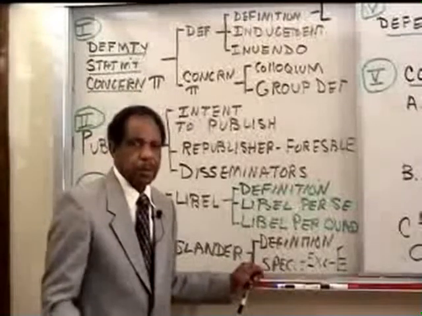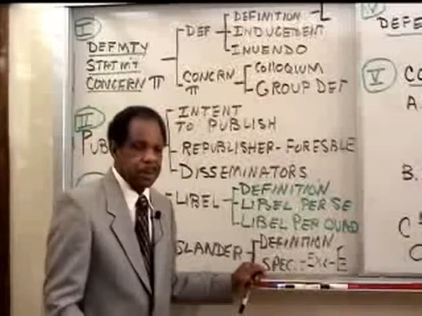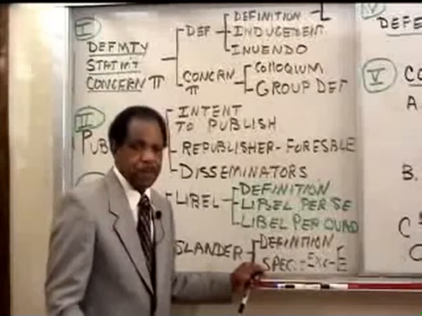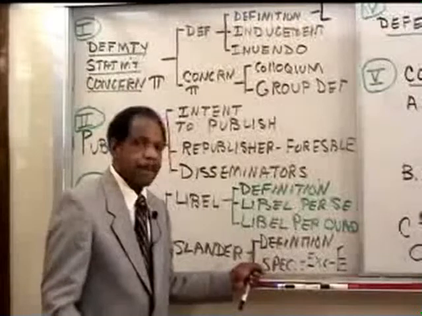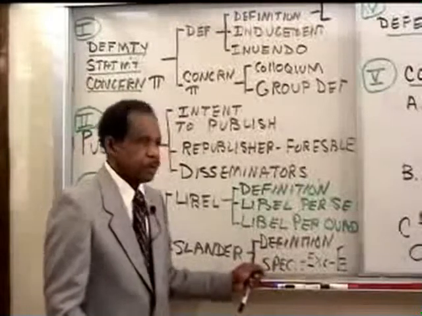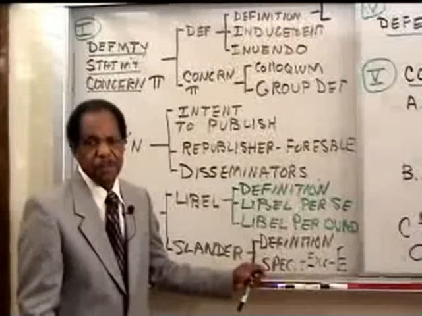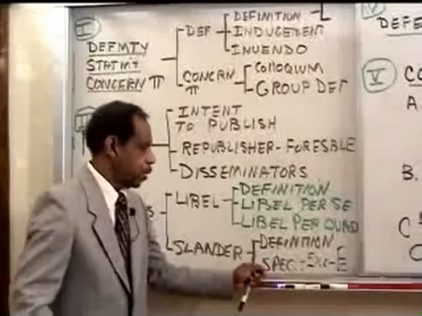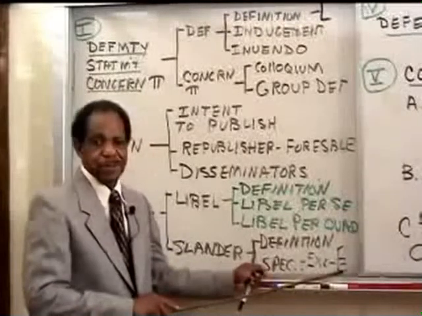So you call a doctor a butcher, you call a woman a prostitute, you say a man is impotent, can't have sex, and if you say that a person has committed some crime of moral turpitude, robbed a bank, he's a thief, and so forth. In those 4 cases, those are called slander per se cases.